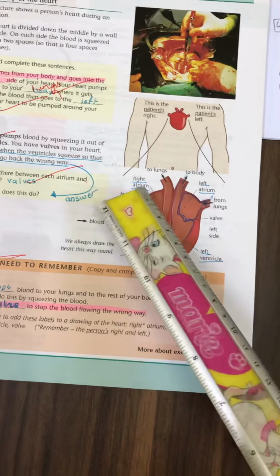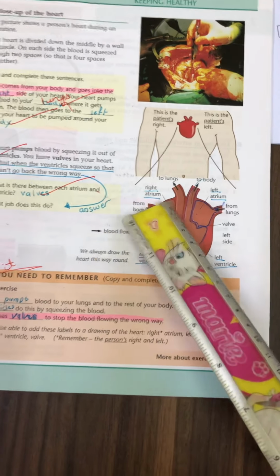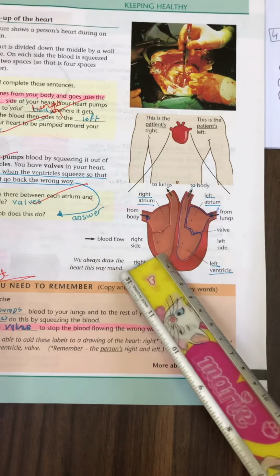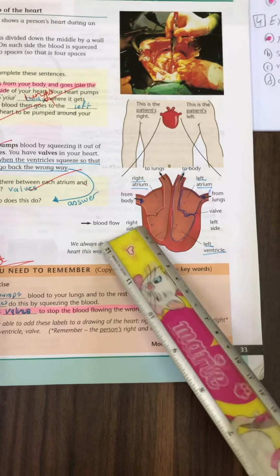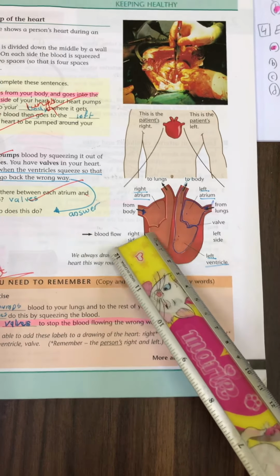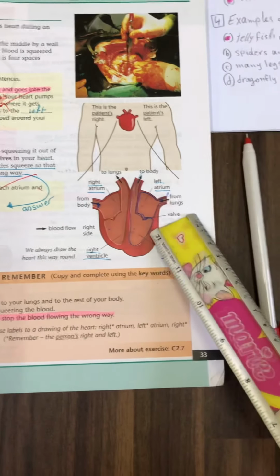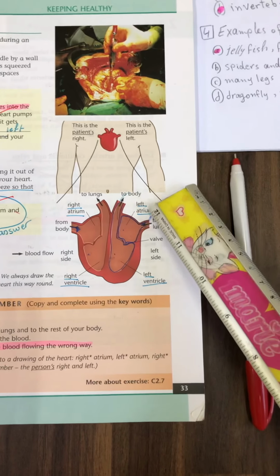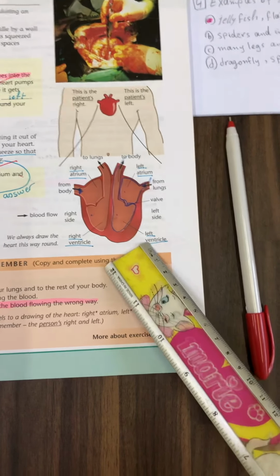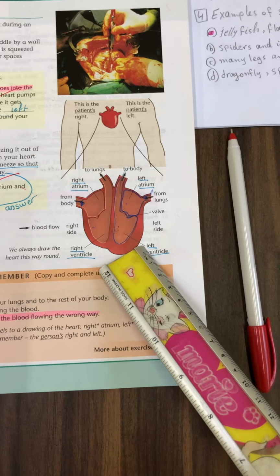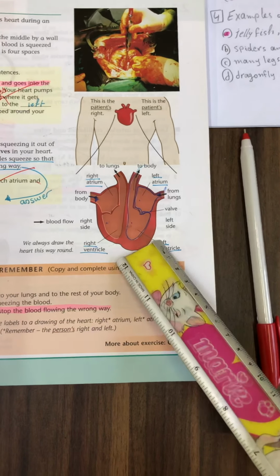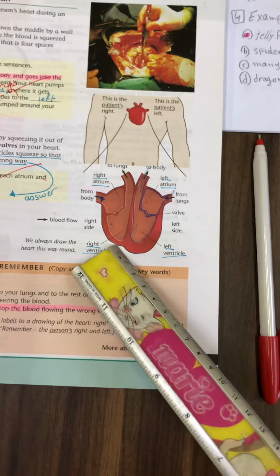The right side is divided into an upper chamber, which we call the atrium, and a lower chamber, which we call the ventricle. The wall of the ventricle is thicker than that of the atrium. And the left side also consists of left atrium and left ventricle, but the left ventricle wall is thicker than the right ventricle.